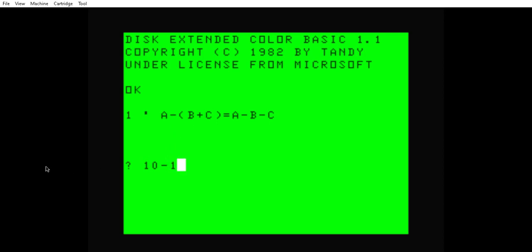It's as if there's a 1 in front of these parentheses because it's distributive. So in order for the TRS-80 to do this properly, we have to put in the multiplication symbol for the computer, otherwise it won't know.